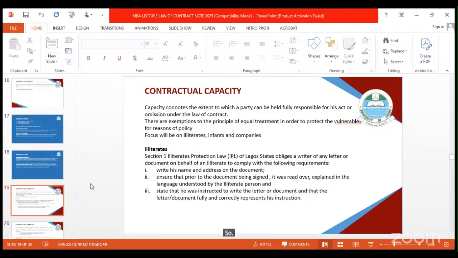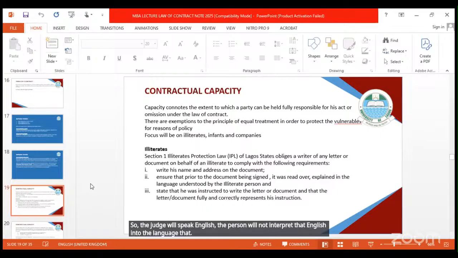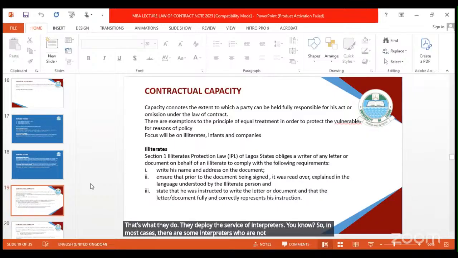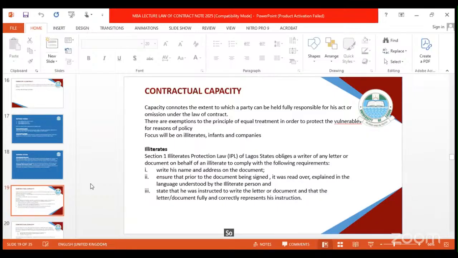So the judge will speak English, and the interpreter will interpret that English into the language that the parties before the court understand. That's what they do. They deploy the service of interpreters. In most cases, there are some interpreters that don't even know anything, or they try to change the narrative.